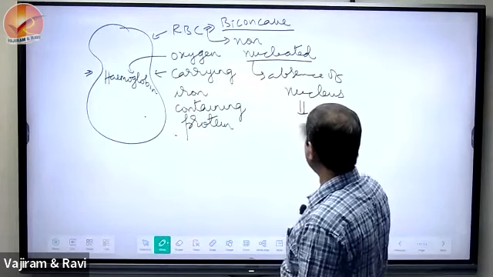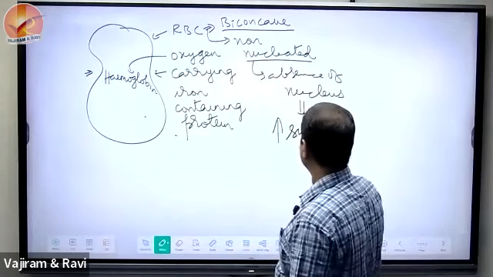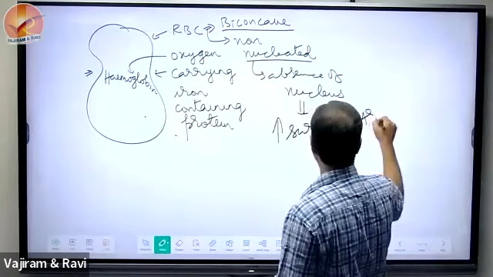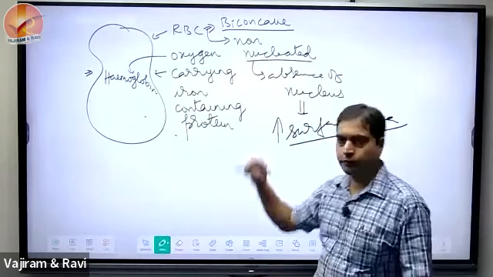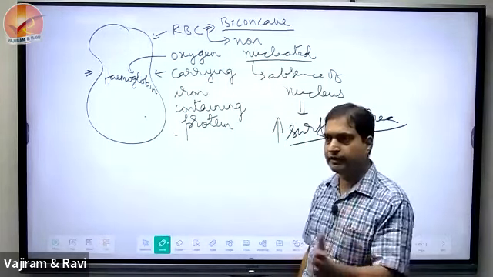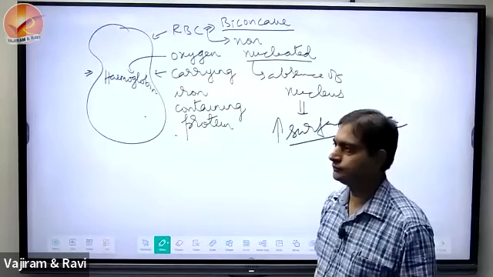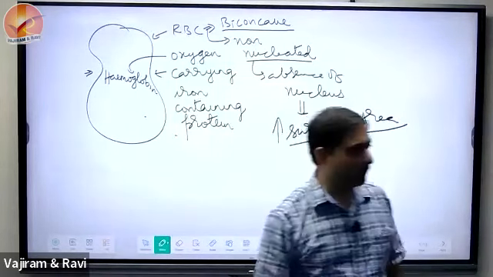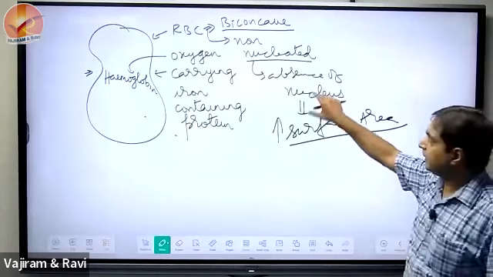So absence of nucleus is an advantage. How is it an advantage? It increases the surface area to accommodate hemoglobin and maintain the oxygen carrying capacity of the red blood cell. Now we have written that non-nucleated.